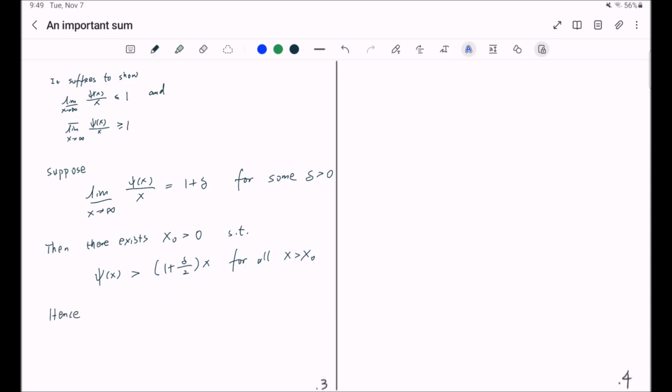Now let's look at the integral. We're going to split this integral into two parts. And the cutoff is this x0. Now, it is better to make this x0 bigger than 2, so that the first integral is always non-negative. In the second part, you see that when x0 is bigger than 2, which means when t here is bigger than 2, this psi of t has this lower bound.